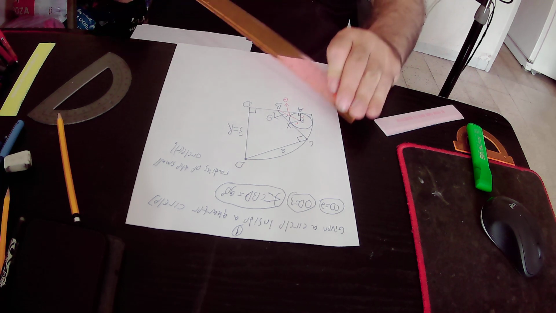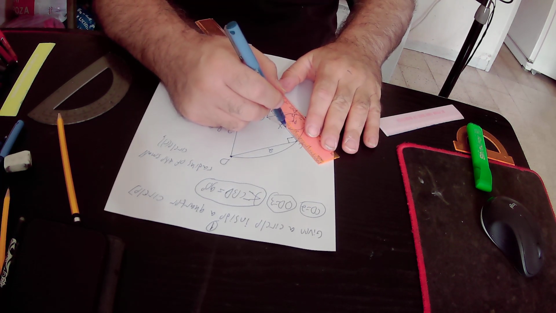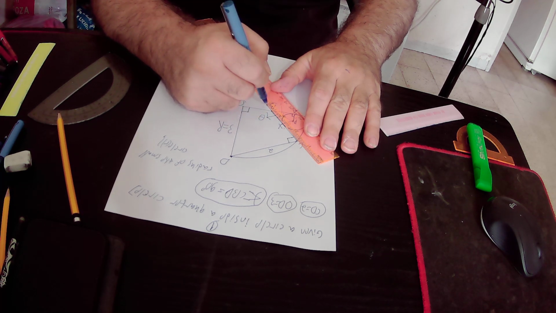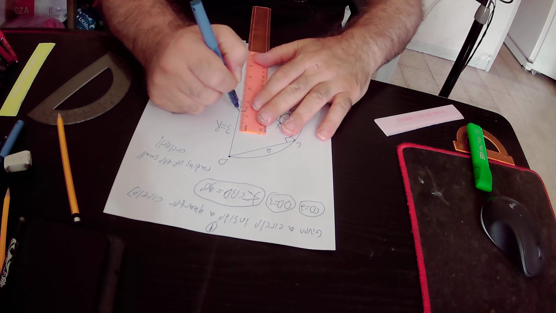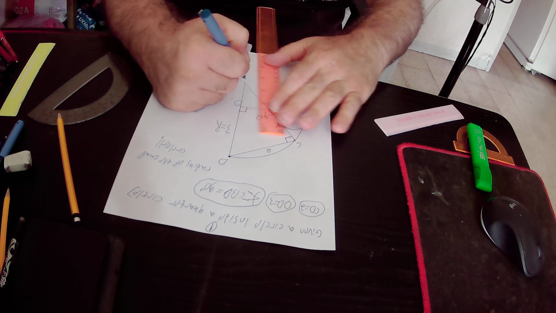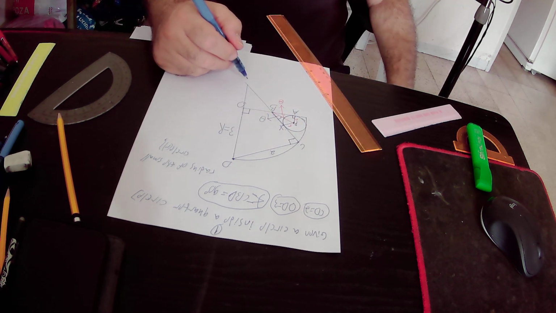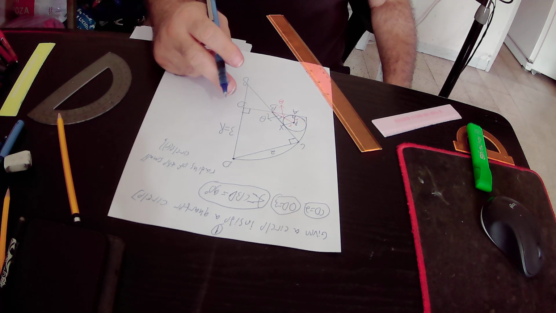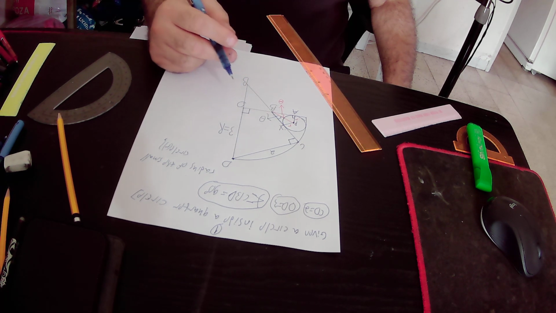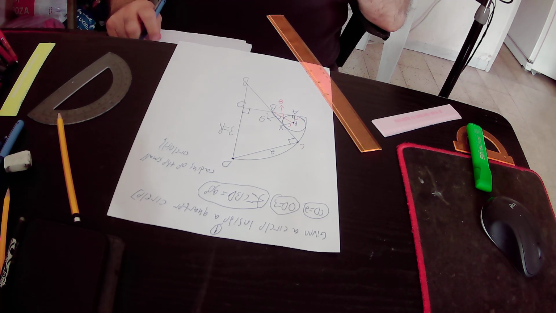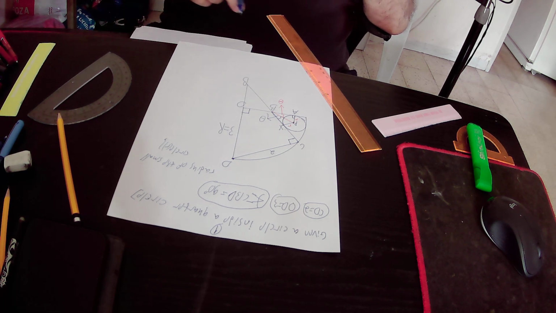Okay, and the intersection point or the touching point between CB and OD will be at point B. Point B is the touching point between DO and CB after we extended them.